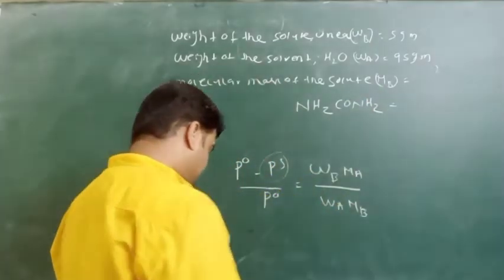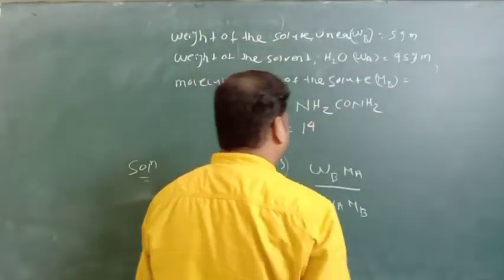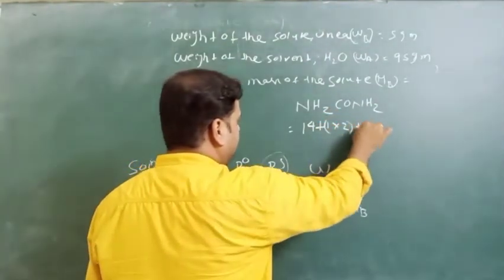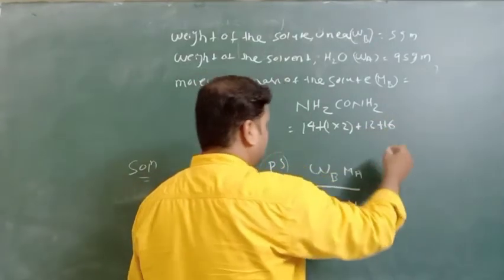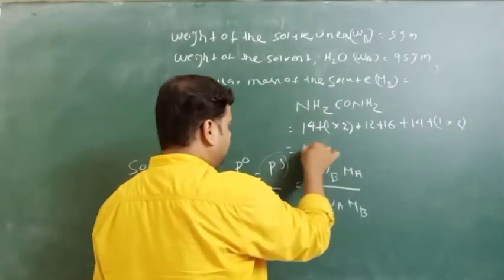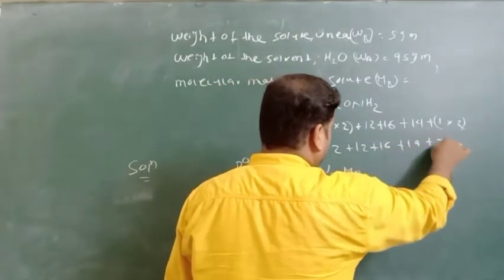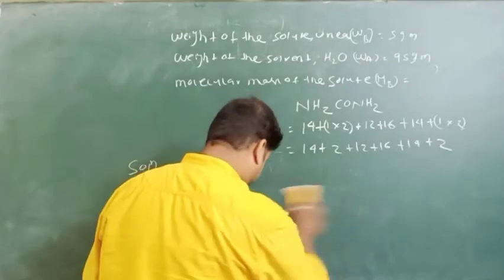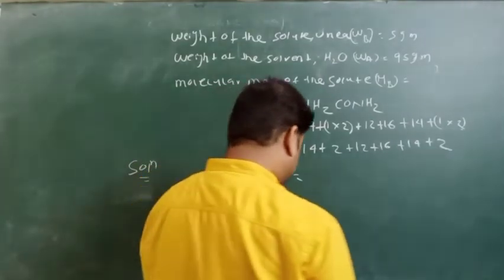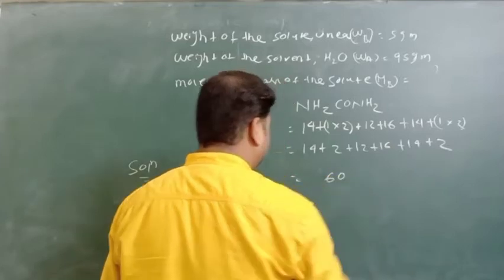So the molecular mass will be the atomic mass of nitrogen 14 plus 1 into 2, plus carbon 12, plus oxygen 16, plus 14 plus 1 into 2. The value will be 14 plus 2 plus 12 plus 16 plus 14 plus 2, so it will be 60.